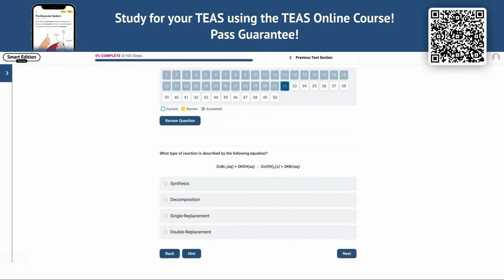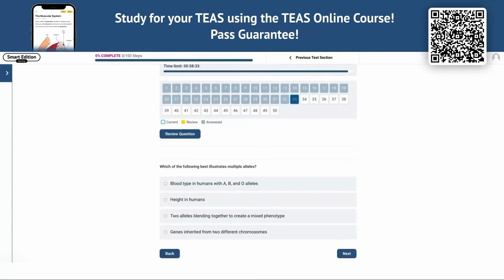Again, in this reaction, we have 2 compounds reacting, not one breaking apart. In a single replacement reaction, one element replaces another in a compound. For example, if the zinc replaced the potassium, then it would be a single replacement reaction. However, here the 2 compounds are reacting and exchanging ions, so it's not a single replacement reaction.